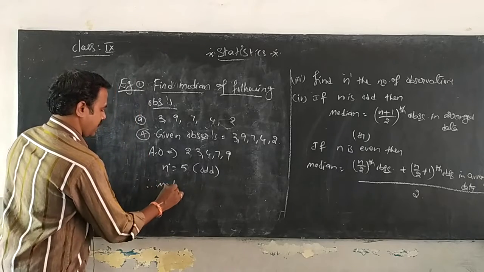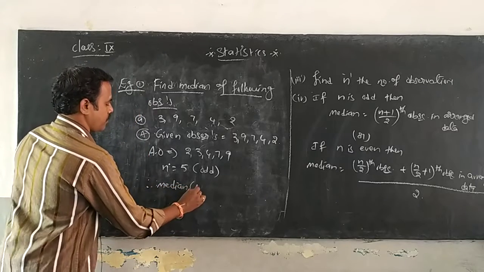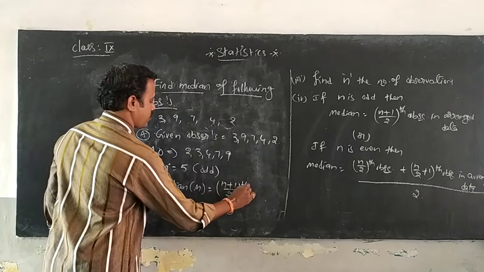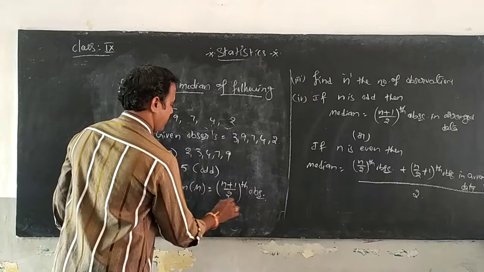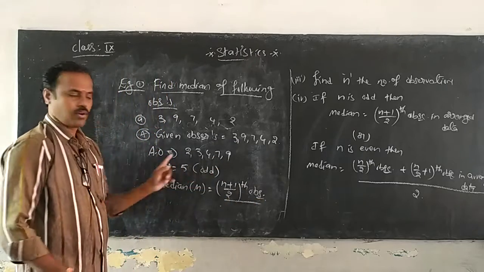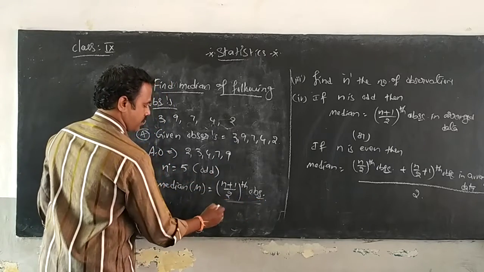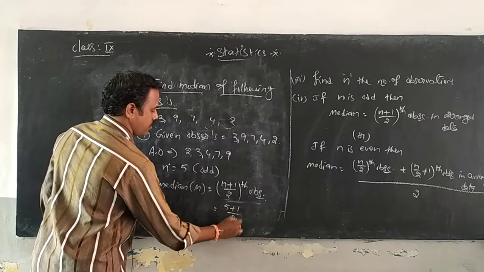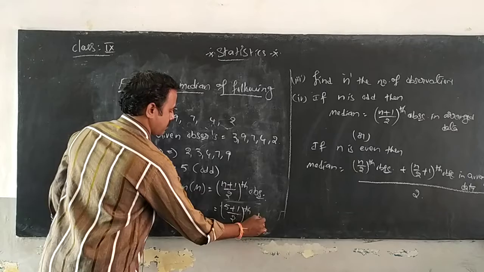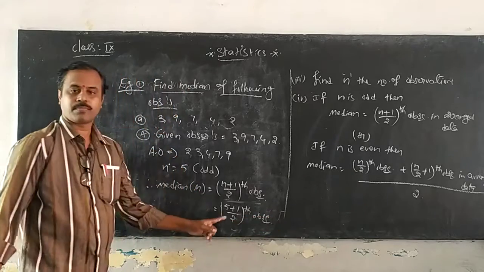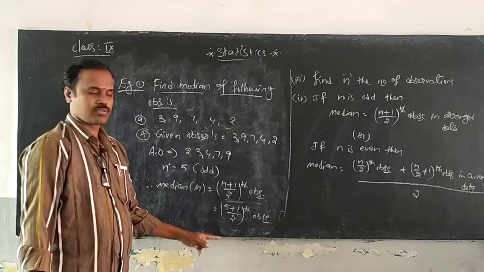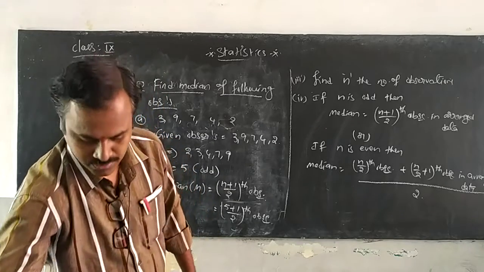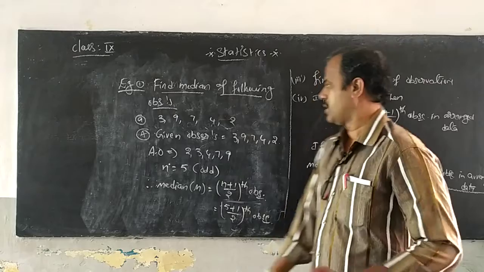Therefore, median M is equal to (n plus 1) by 2th observation, which you have to see in the ascending order. What is n here? 5. So (5 plus 1) by 2th observation. What is 5 plus 1? 6. 6 by 2 is nothing but 3. So we are getting the third observation as our median.